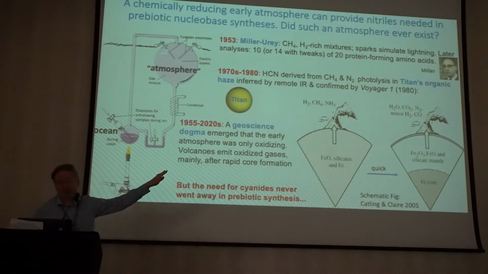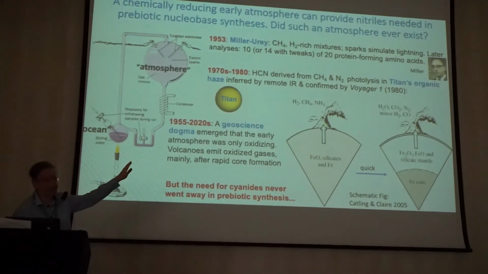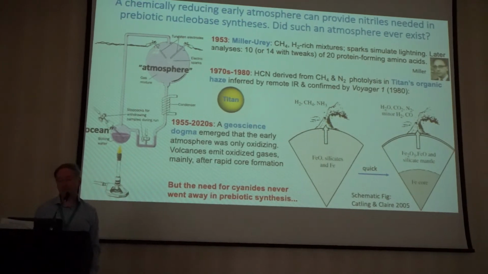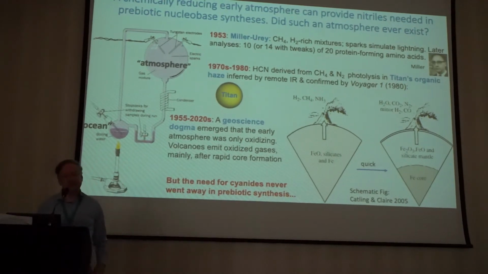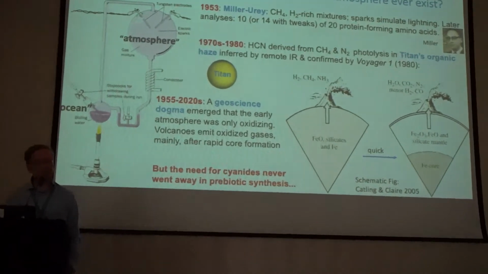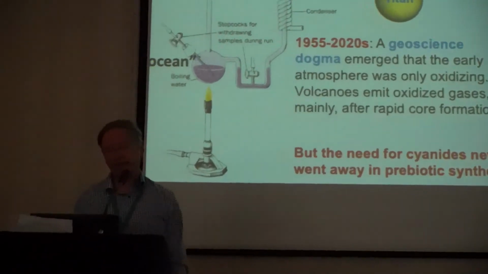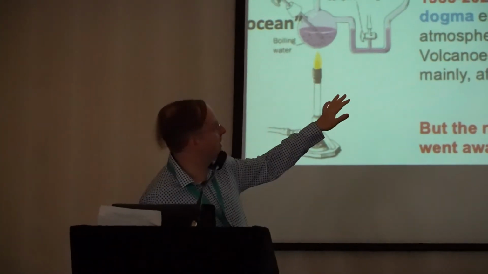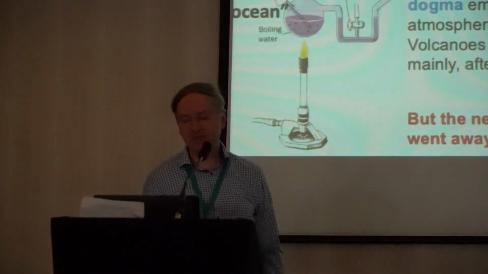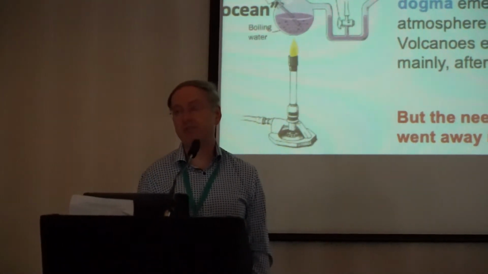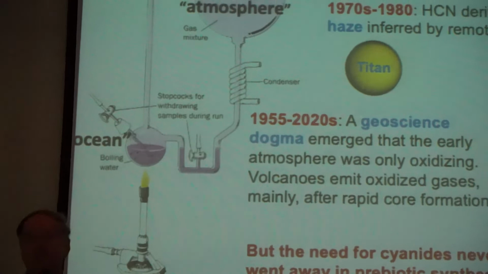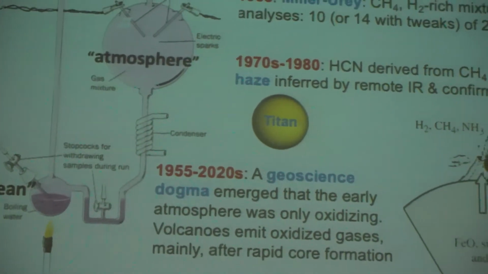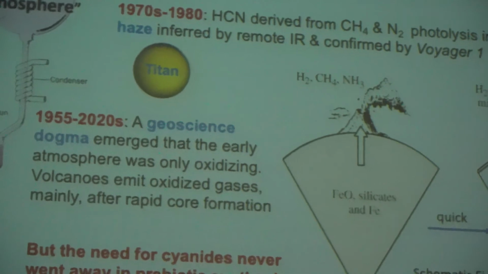And most of the gas that comes out of volcanoes is water vapor, so it's basically steam, the oxidized form of hydrogen, instead of hydrogen. And the kind of air that you have from the oxidized gases is not conducive at all to making the cyanides. So the geoscientists developed this kind of dogma that the early atmosphere was only oxidizing, that the Miller-Urey atmosphere was wrong. But the need for cyanides never went away in prebiotic synthesis. It was always the best way, perhaps the only way, the realistic way to make the nucleobases.